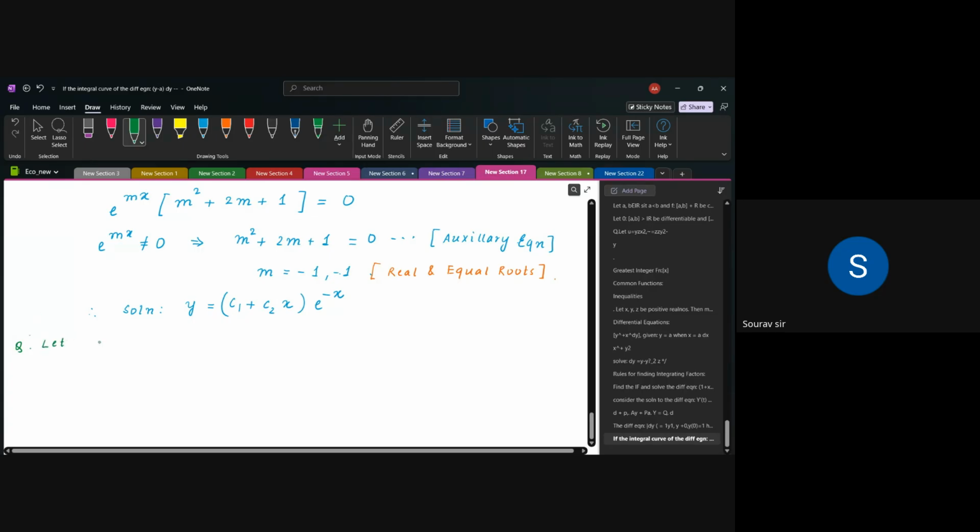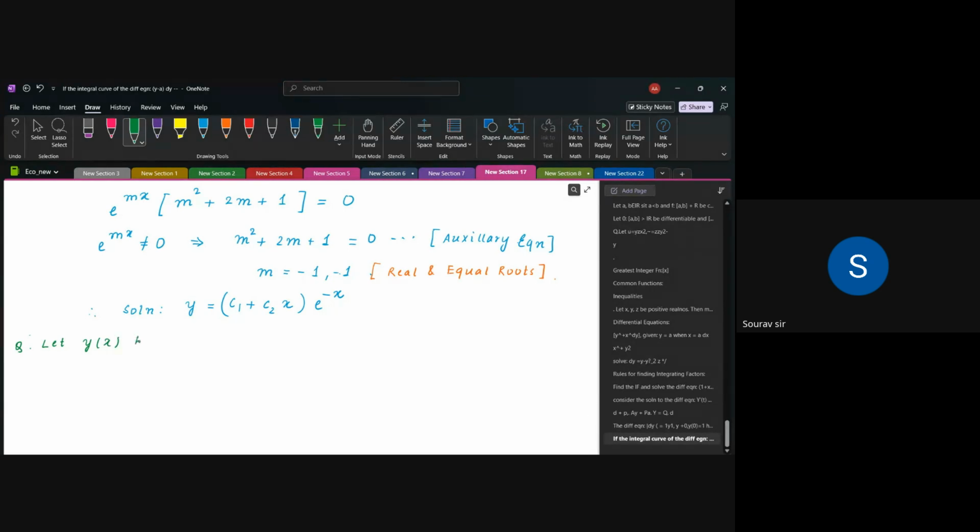Let y of x be the solution to the differential equation, where y of 0 is equal to 2 and y dash of 0 is equal to 2 times alpha.